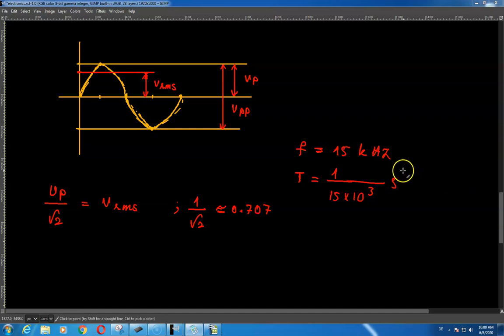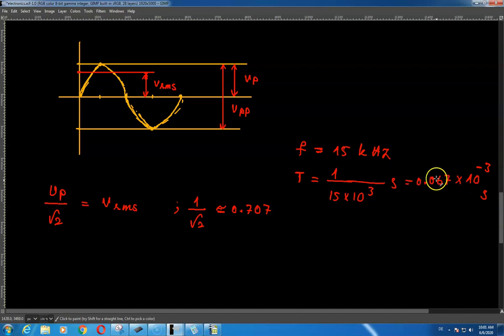So that's 0.067, or 67 into 10 raised to the power negative 3 seconds, which is 67,000th of a millisecond, right?